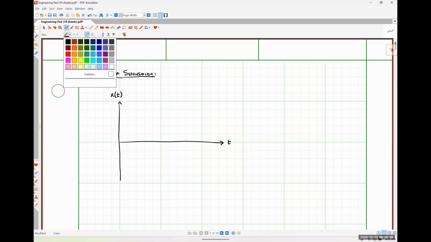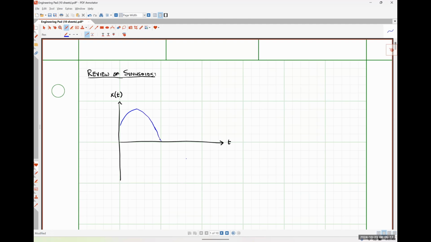So we might have something that looks like this. And again, I apologize for my inability to draw worth a damn. So something approximately like this would represent one period of a sinusoidal signal, okay?